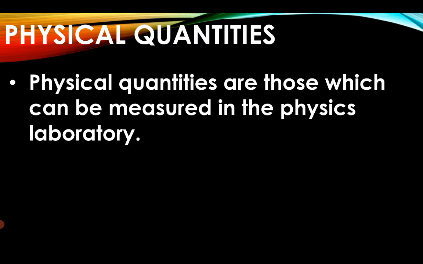So these are factors that can be quantified. They are measurable. Anything that you can measure in the science lab, not only in physics, but also in chemistry, in biology, as well as agriculture. As long as the quantities are measurable, we call them physical quantities.